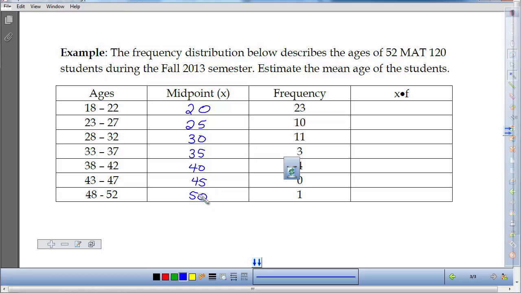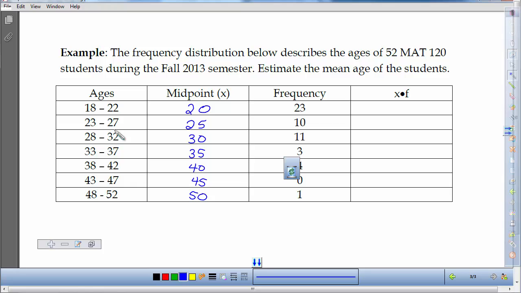Okay? So we'll use those midpoints to estimate the value for each class. So 20 is a good representative value for the class of ages from 18 to 22, and 25 is a good estimate for the ages 23 to 27.